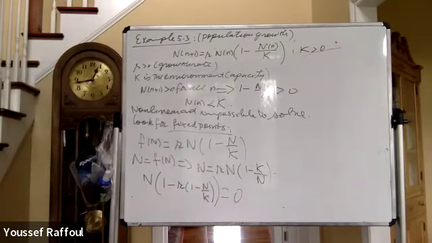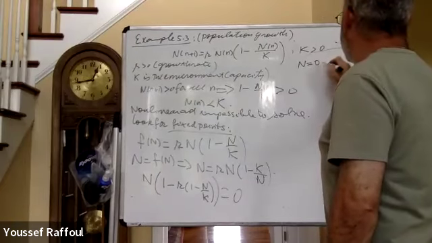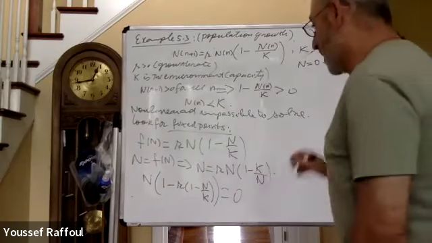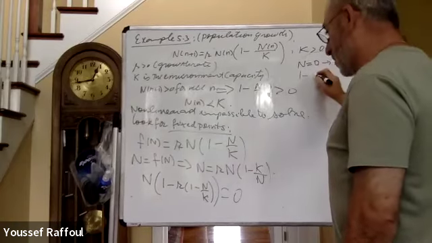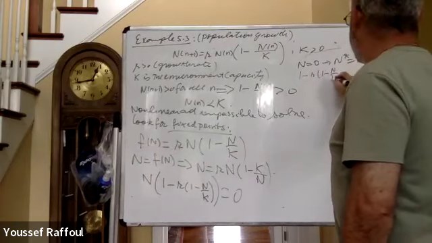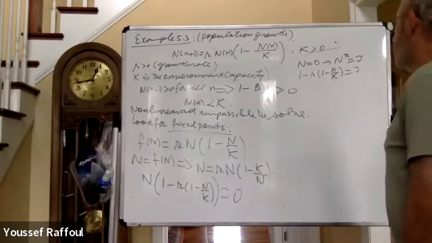So n equals 0 means n star is 0, and 1 minus r times 1 minus n over k equals 0.